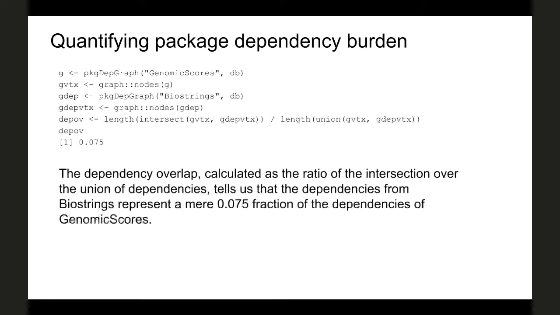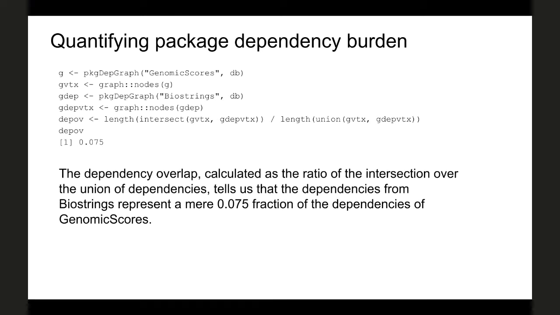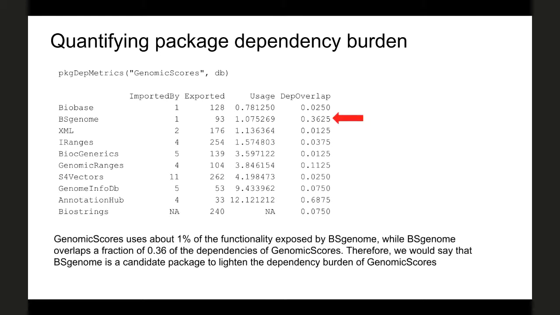Like on the summary slide, that 0.36, does that mean that 36% of the dependencies in your package come from BS genome, or does it mean that your package and BS Genome share 36% of their dependencies?